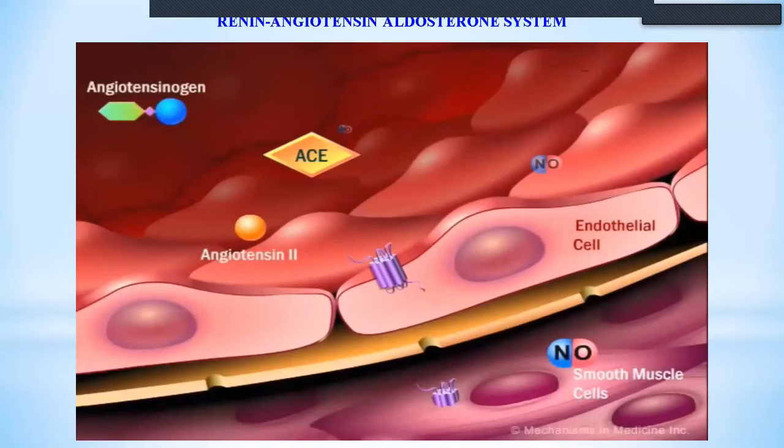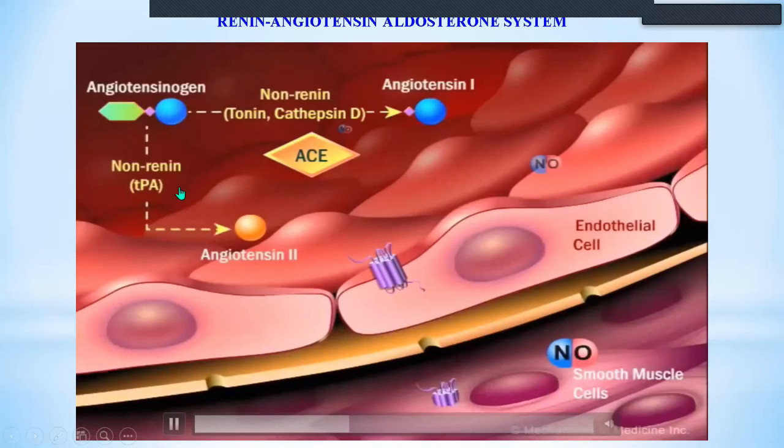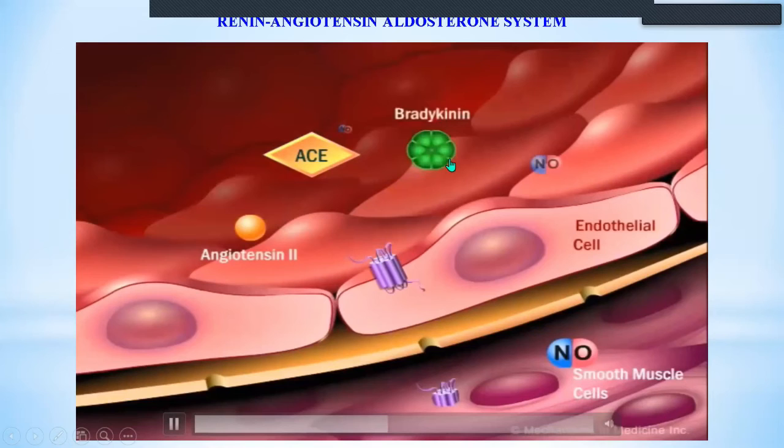So non-renin activity also converts angiotensin 1 to angiotensin 2, and with non-ACE or kinase activity, angiotensin 2 is produced as well.